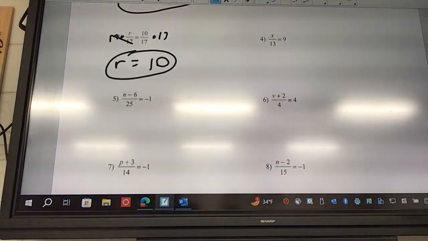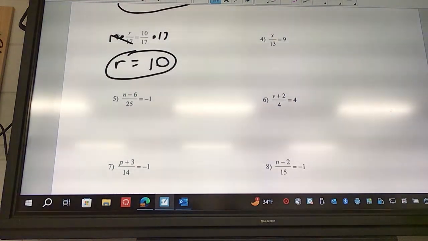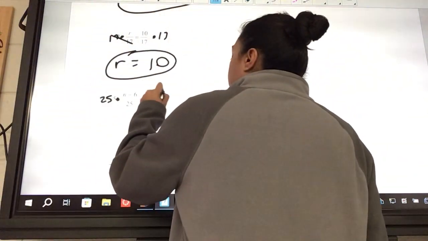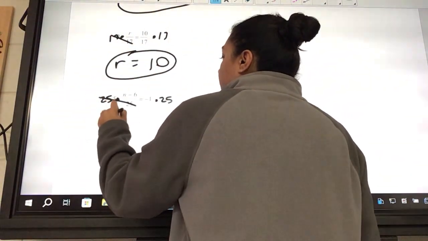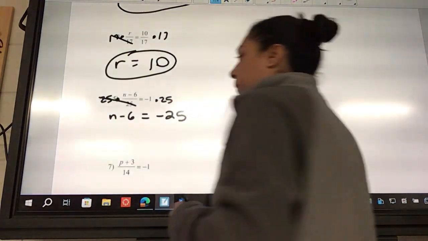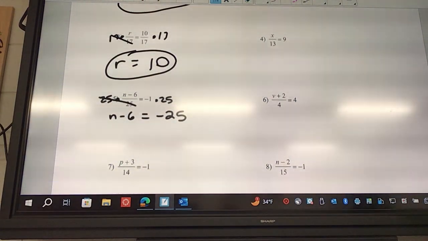Okay, number 5. We need to times by 25 on both sides first. So we're going to say times 25 times 25. Okay, so I have n minus 6 equals negative 25. Okay, and then we're going to add 6 to both sides. Okay, and what is negative 25 plus 6?